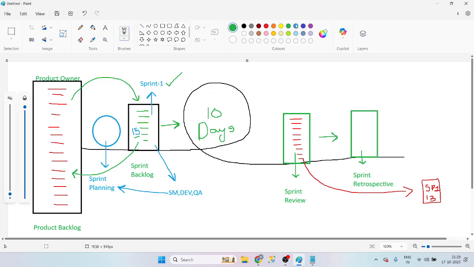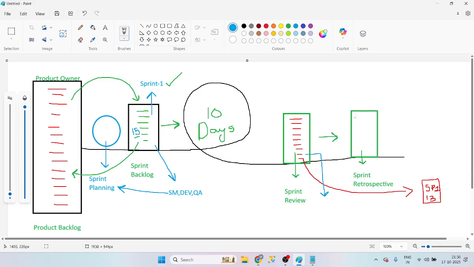In the sprint retrospective, some feedback will be given by the client, and based upon this feedback we are going to discuss here.